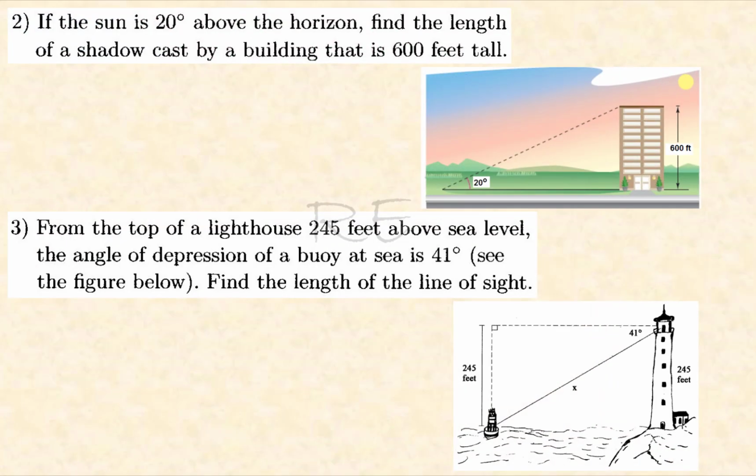If the sun is 20 degrees above the horizon, find the length of a shadow cast by a building that is 600 feet tall. The shadow is x, and we have the opposite and the adjacent side. We're going to use tangent.